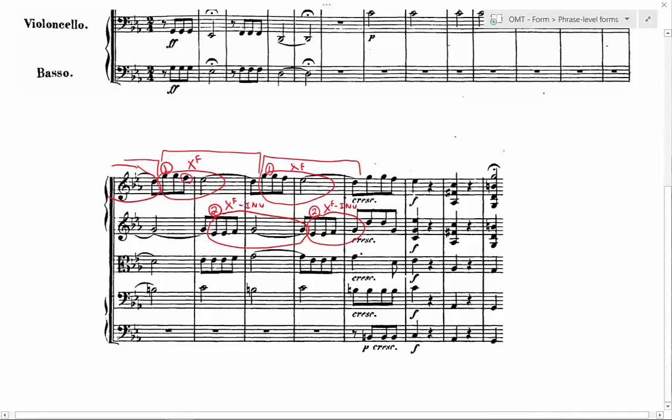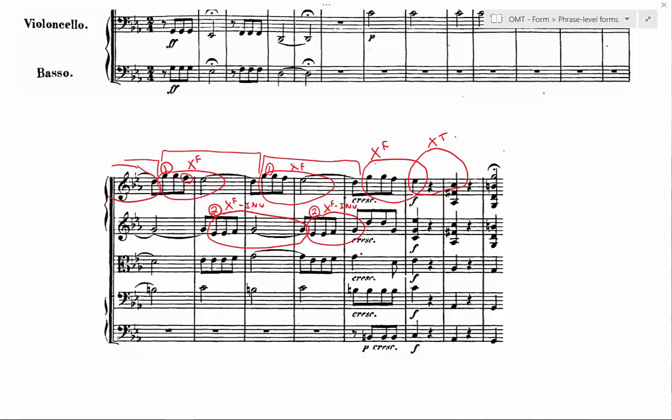And then after that, to get us to the cadence, Beethoven has 2 overlapping statements of the motive, but now they're in one voice, whereas before we had them spread out among the instruments. Now violin 1 is going to state two overlapping versions of the motive. We get XF, and then we get X transposed.